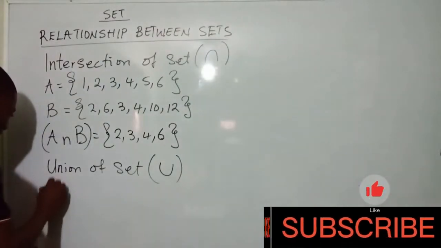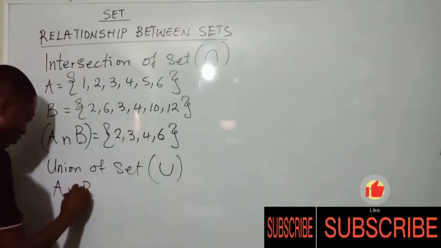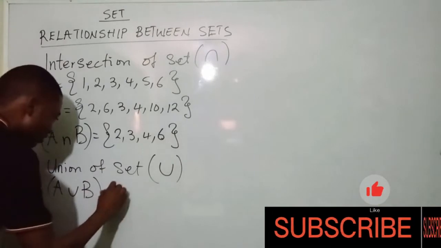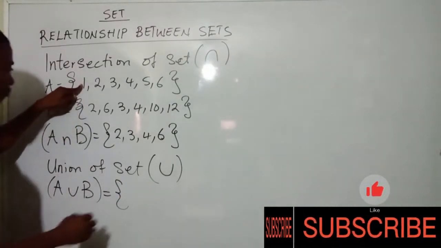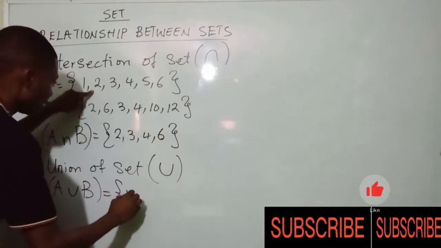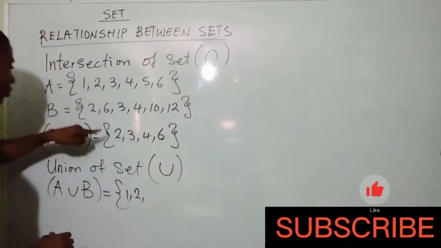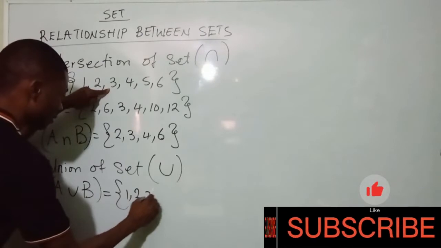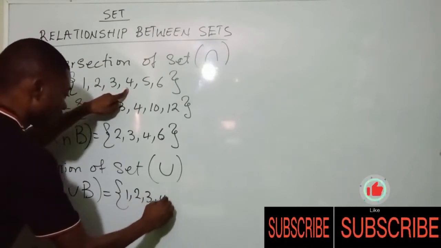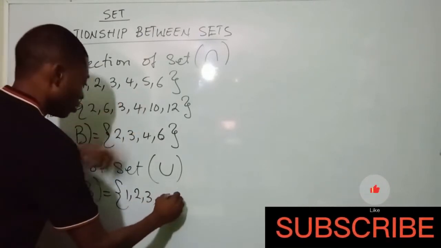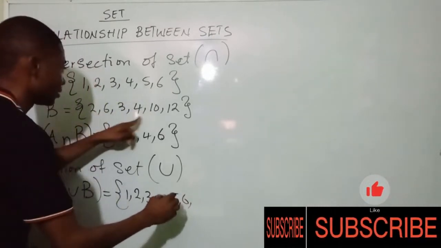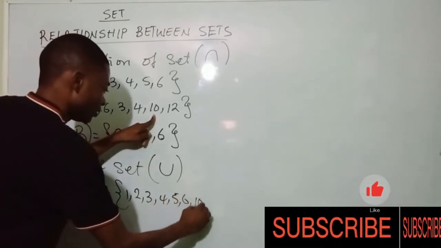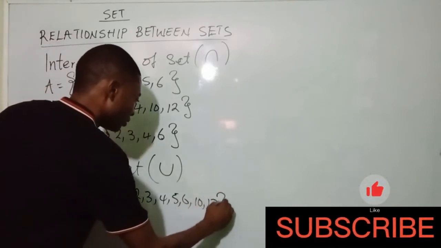So how do we write it? I will say A union B, like this, is equal to, and we list them out. Let's start from the first one: 1, 2, 3, 4, 5, 6, 10, and then 12.